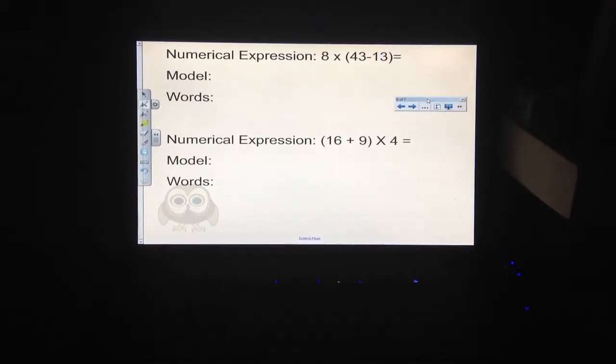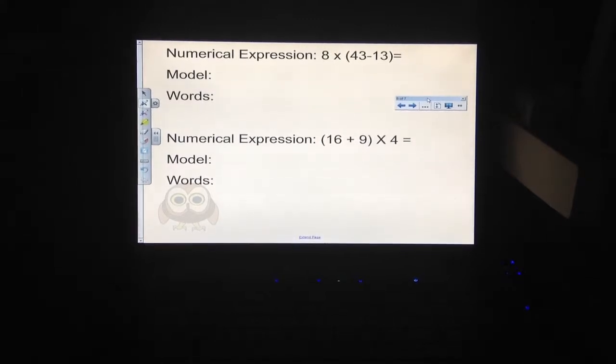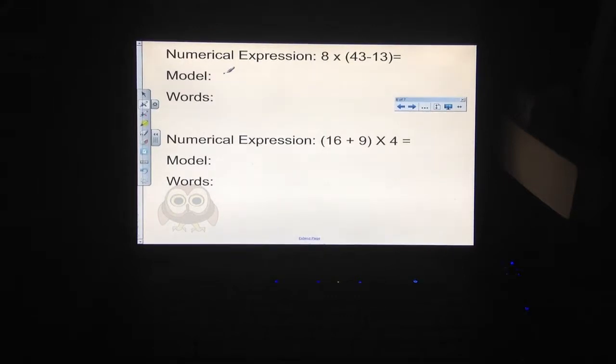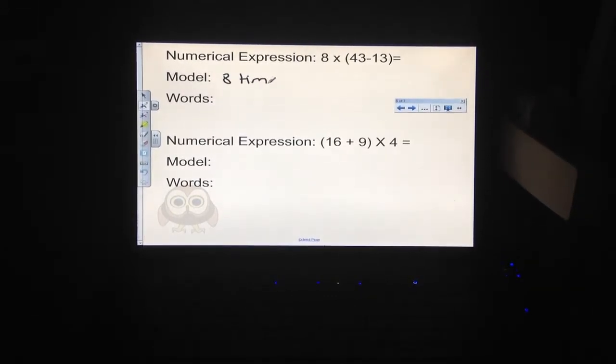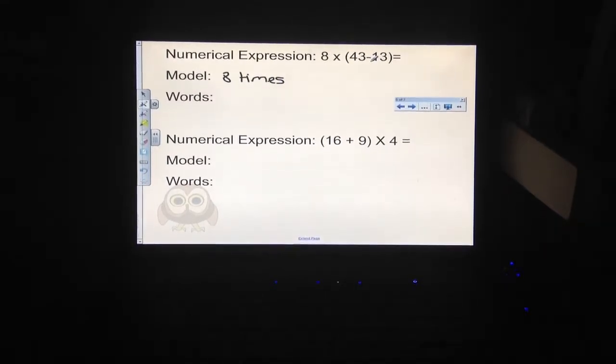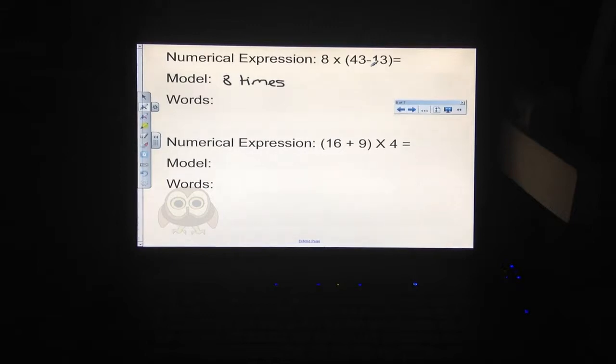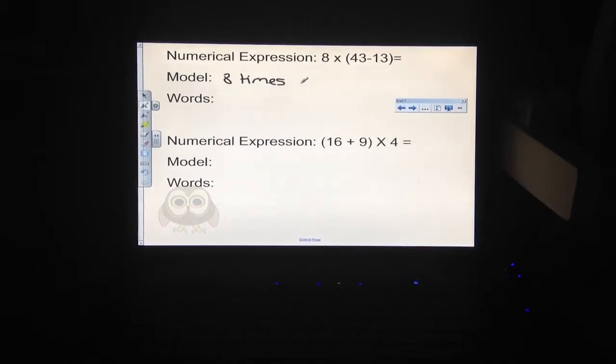Okay, here they start with the numerical expression, and they're asking you to put it in words. So I would say 8 times. Okay, so now I'm looking at, am I talking about the sum or the difference? Because I have a minus sign, subtraction, I know that's difference.